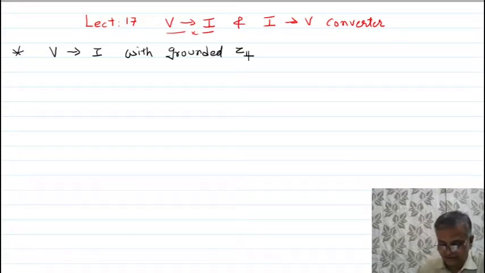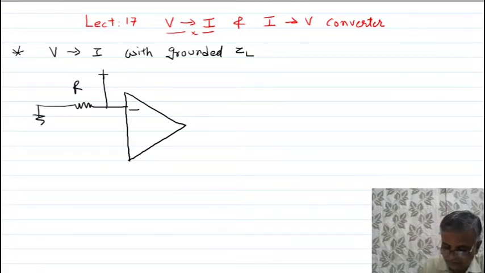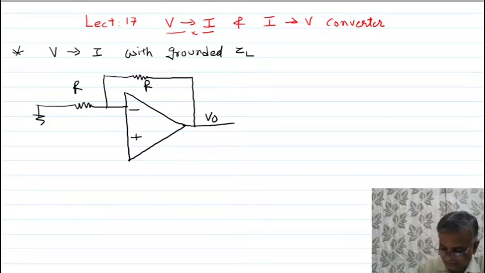So let us see the circuit diagram with the op-amp. I am showing you the circuit diagram of the voltage to current converter. I am giving the input to the non-inverting terminal. This is VO, this is R, and this is the plus terminal where I am giving the input signal.